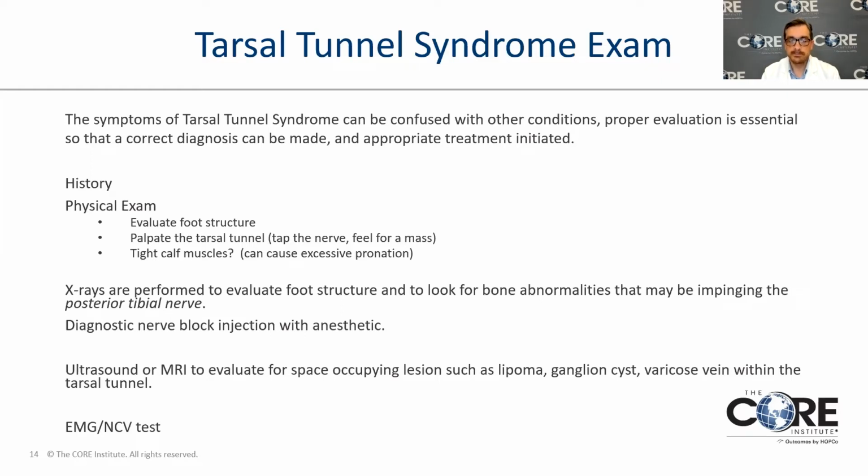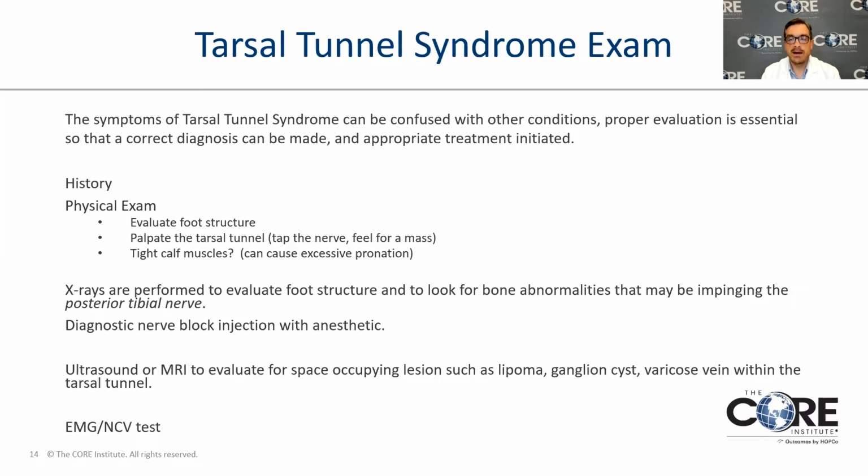At times, it may be necessary to have an ultrasound or an MRI. The ultrasound or MRI is typically evaluating the tarsal tunnel to see if there is a cyst formation, such as a lipoma, which is a benign fatty cyst, or a ganglion cyst, which is a benign cyst that can commonly form within the tarsal tunnel and compress the nerve.